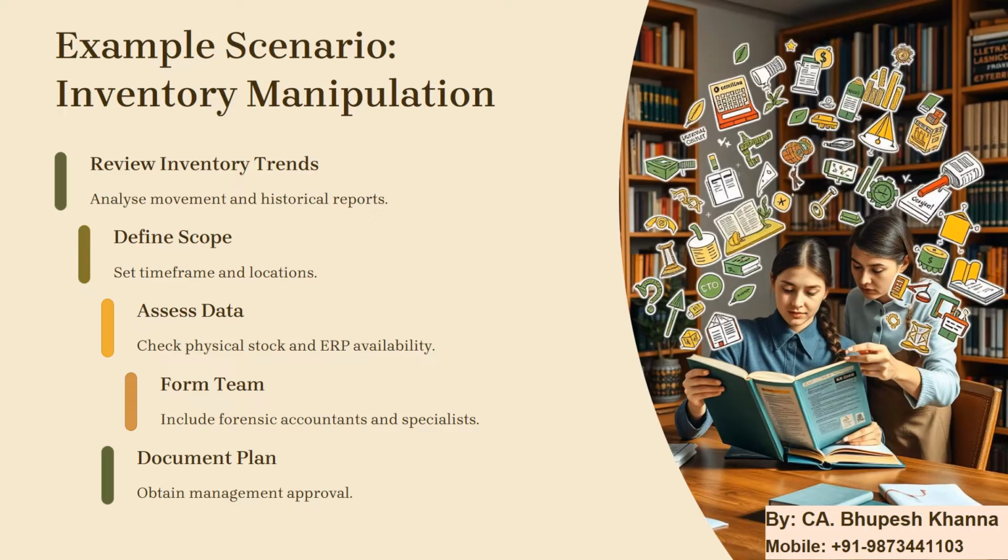Planning as per FAIS 310 would include reviewing inventory movement trends and historical reports, defining the time frame and locations for the investigation, assessing data availability, physical stock versus ERP, forming a team with forensic accountants and inventory specialists, identifying relevant documentation, purchase orders, dispatch records, GRNs, documenting the initial plan, and obtaining management approval.